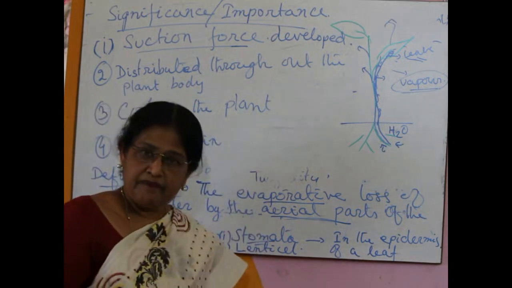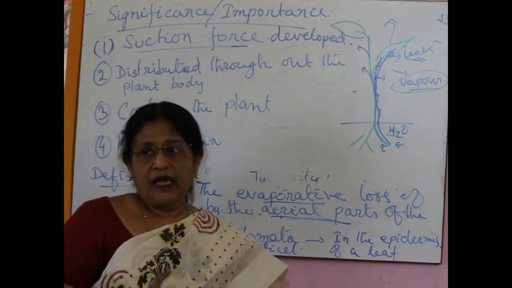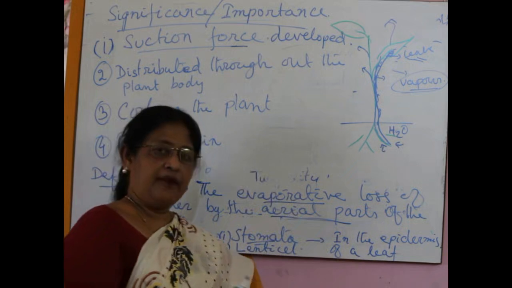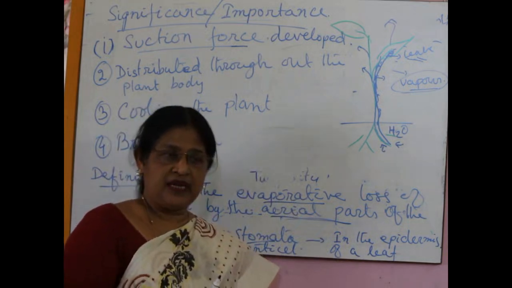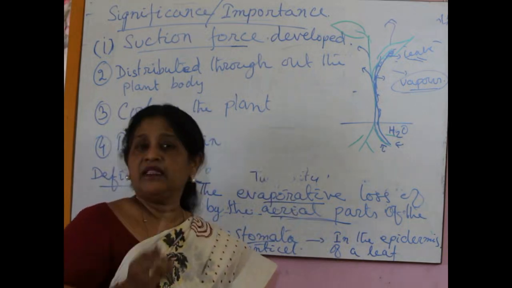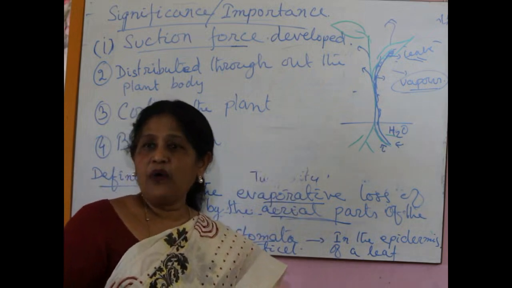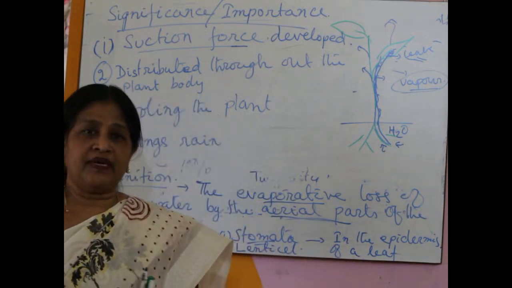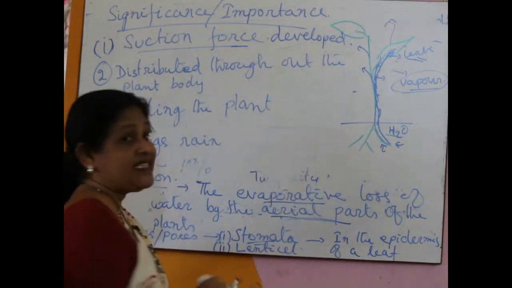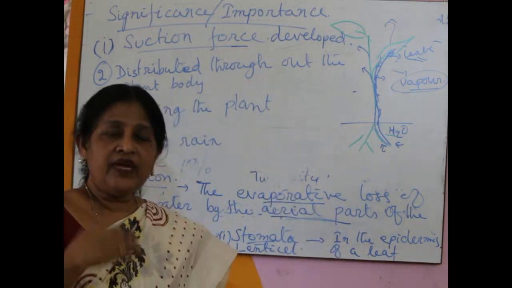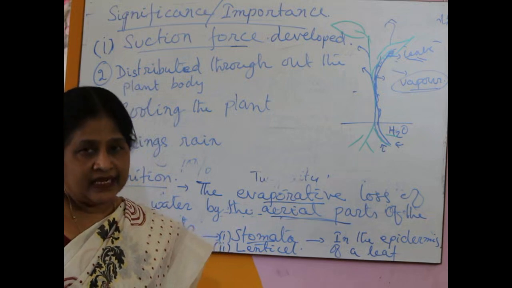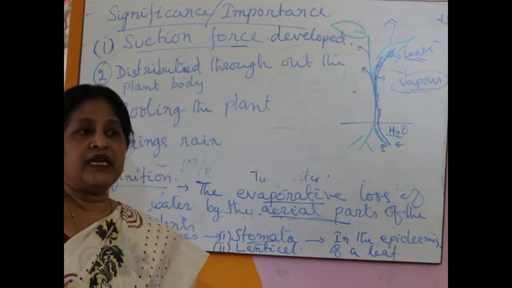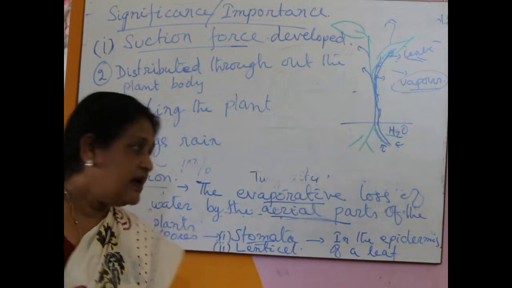Am I clear? Understood? But how can we prove that transpiration is actually occurring, because it's in the form of water vapor? How can we prove it? I can show you some of the experiments by which we can prove that transpiration is actually occurring in plants.